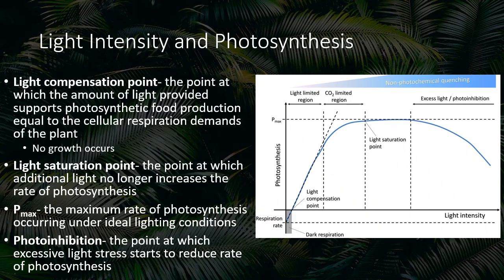That's going to be the maximum amount of photosynthesis the plant is capable of doing. If we continue to increase the light intensity beyond the light saturation point, we might be okay for a little bit, but eventually you can provide so much light that you start to impose excessive light stress on the plant. And that will actually start to reduce the rate of photosynthesis.